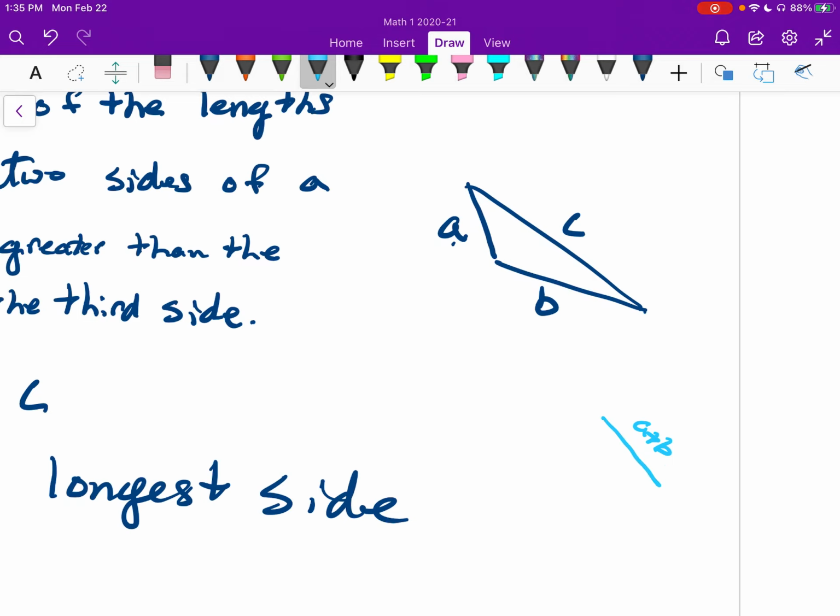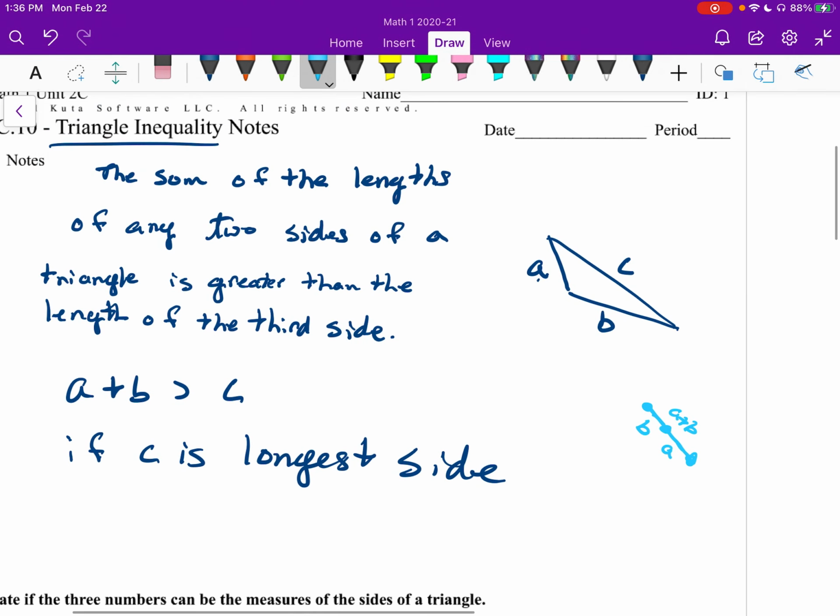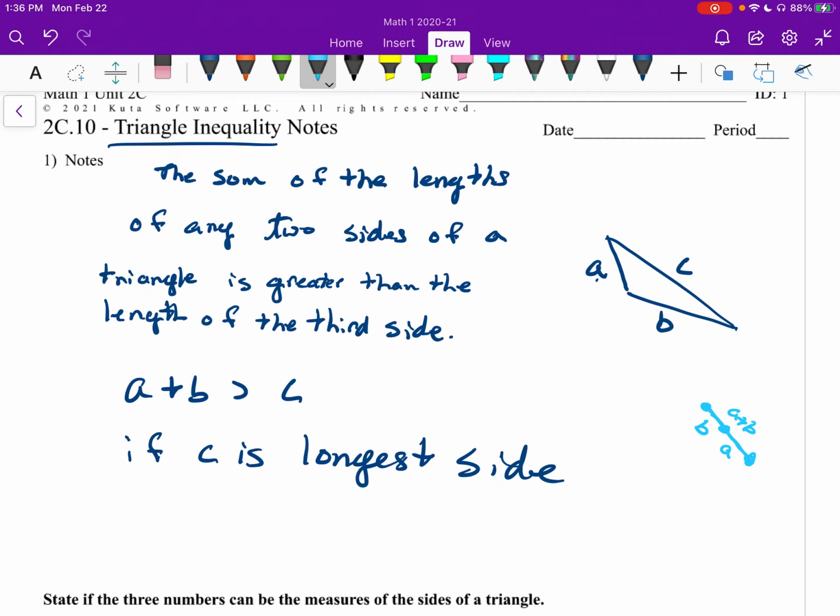If this is A plus B, and this was A, and this was B, then it's not really a triangle anymore. I might link another video of this in Google Classroom because there are a lot of different ways we could illustrate this, but I'm not very good at drawing it. But what we need to remember here is the biggest side has to be smaller than the two sides added together.